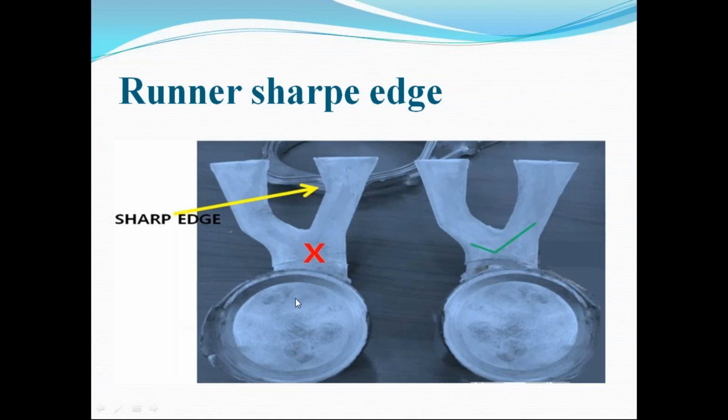In the first one on the die, you can find the sharp edges, here the sharp edge. This is not suitable because turbulence happens. To eliminate this problem, this is the modified design. Here the edges are not sharp, it is even and continuous. This is the first modification, runner sharp edge.